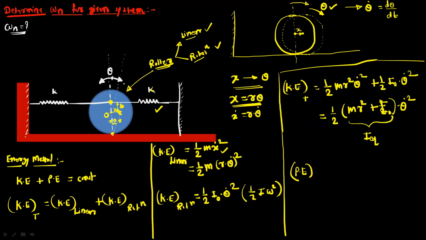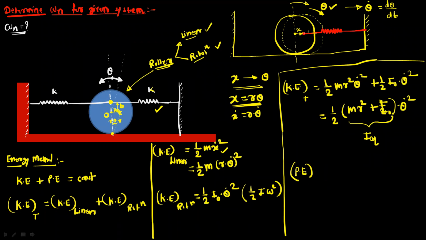When it is rolling in the clockwise direction, you can observe here, this is the initial point. Initially the spring is connected at this point. Because of the rolling, it will be compressed. So this is the compressed spring, which is connected to the right side.